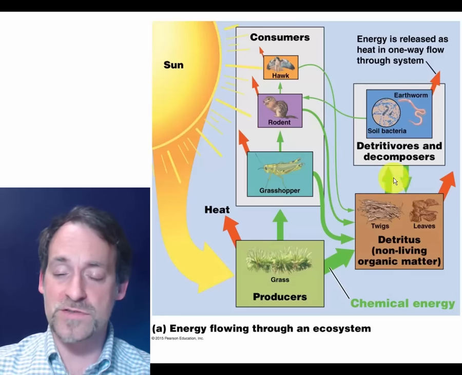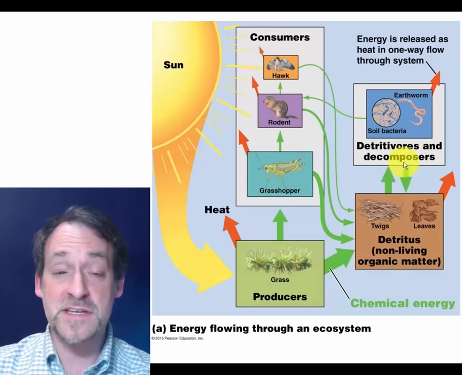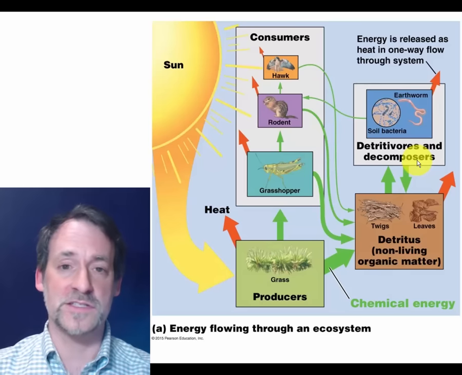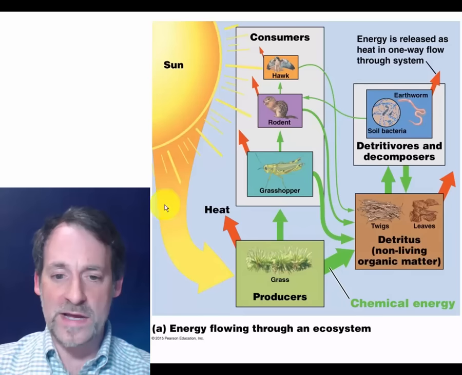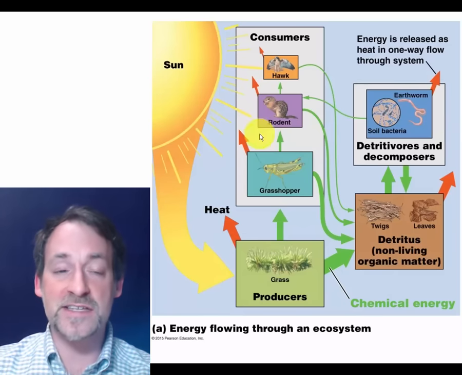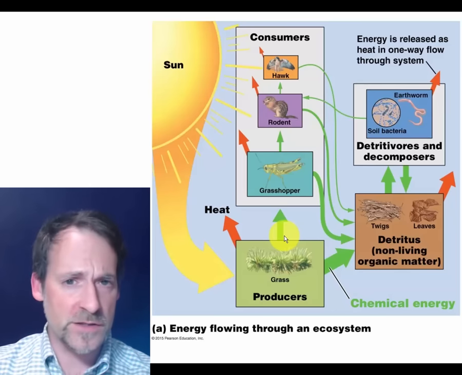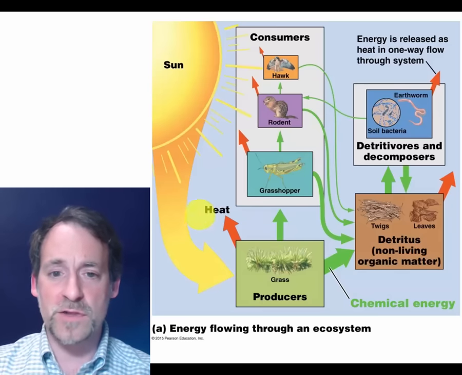And that in turn serves as food for a different food chain, the detritivores, those are organisms that eat detritus, and decomposers, organisms that break down non-living stuff into its simpler components. Along the way, of course, some of the energy is lost as heat as it gets used or wasted by the various different living organisms. So that's energy flow, that you already should be familiar with.